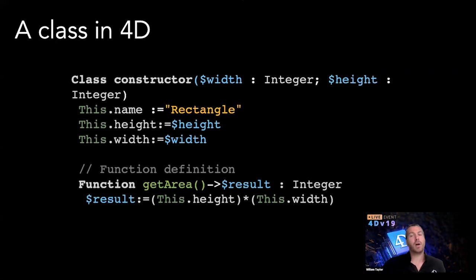As you can see, object-oriented programming relies on the concepts of classes and objects, which makes it very close to other programming languages. Here you can see a class in 4D, and this is a rectangle class. It takes in a height and a width, and there could be a member function of that class to return an area, which is, as we know, height times width.